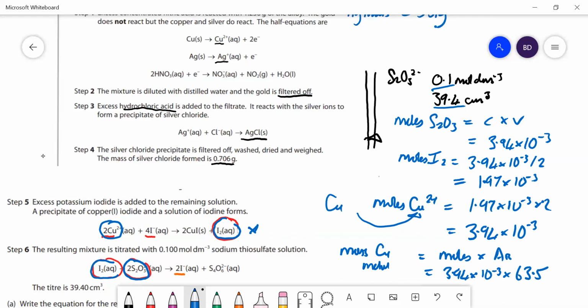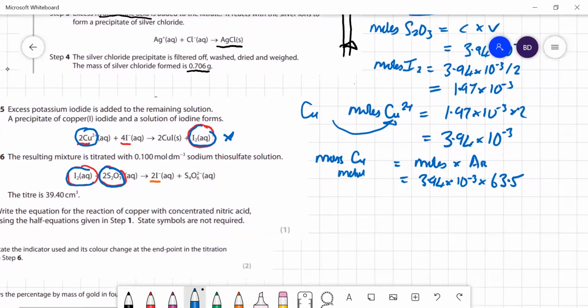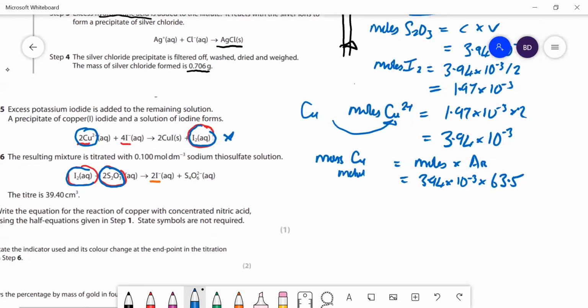That gives us a mass of 0.250 grams of copper. Right, now we know the mass of copper.